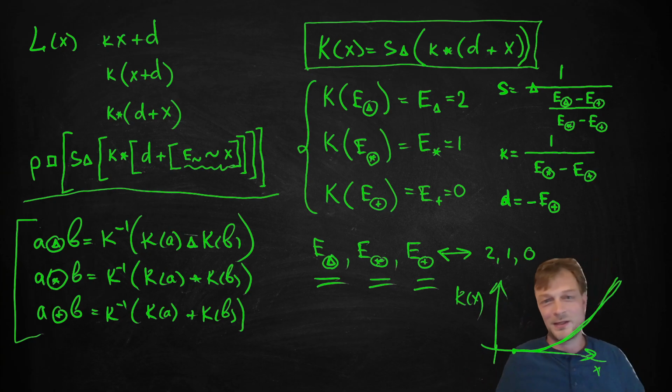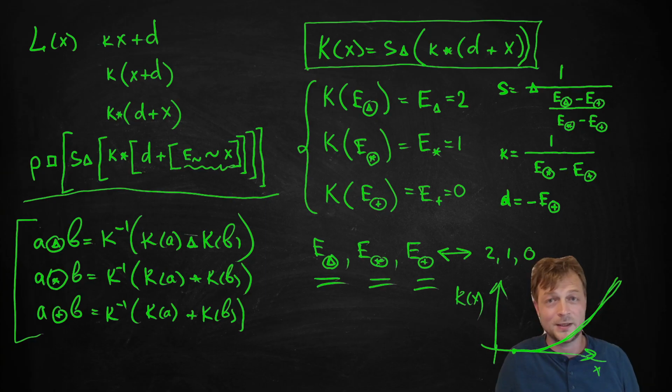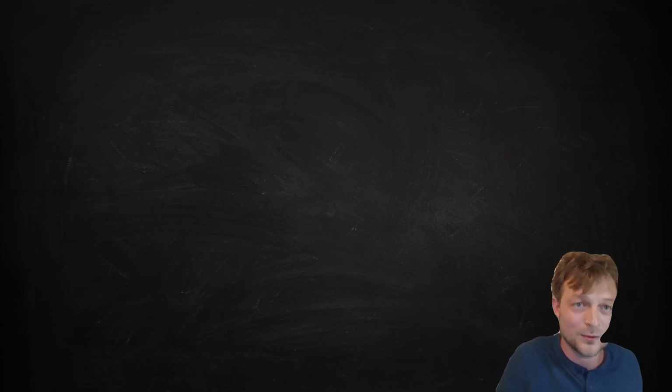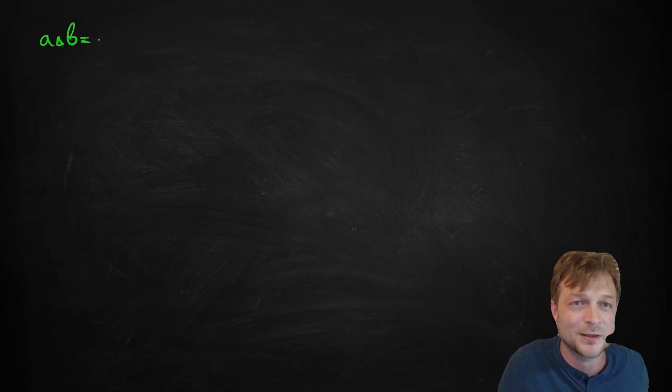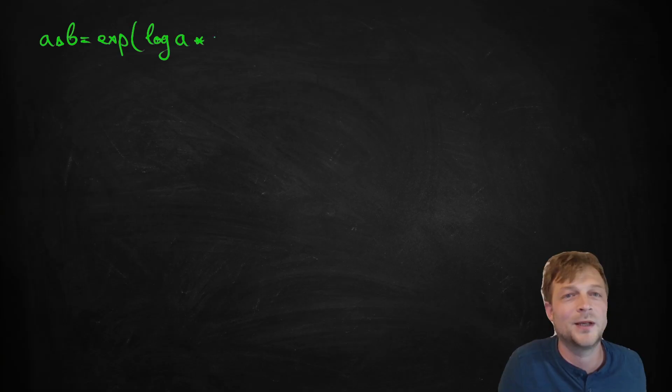The final thing that I want to mention is that if you remember, we had a recursive definition for operations. Let's move to the next slide. For the triangle operation, we expressed it as exp of log of, in terms of multiplication, right, log b.